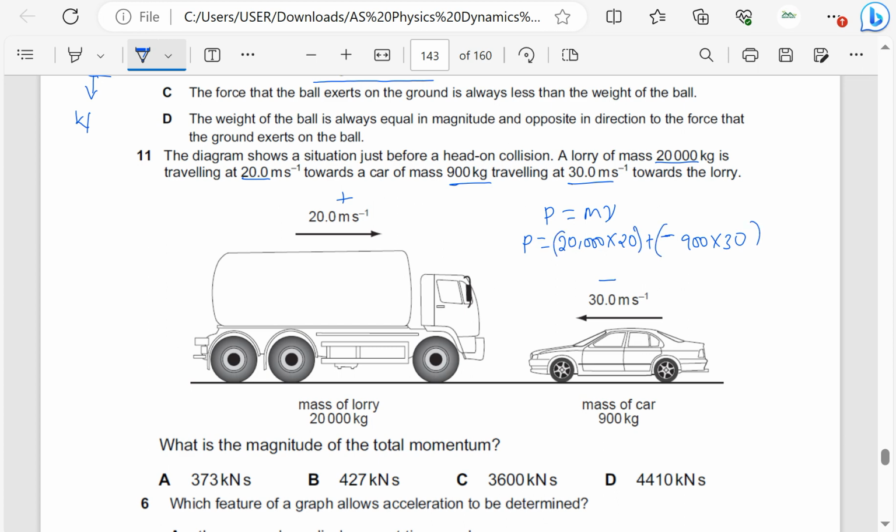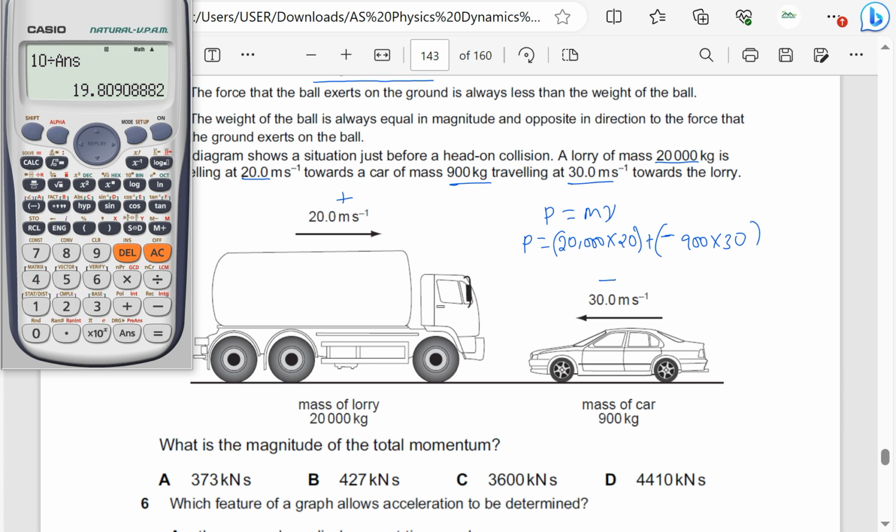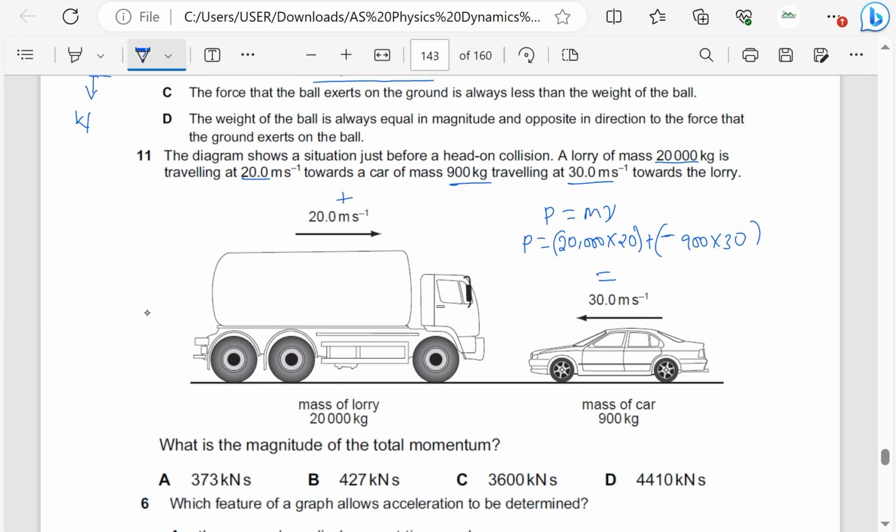So that is the total. 20,000 times 20 minus 900 times 30. So that is 373,000 newton seconds.